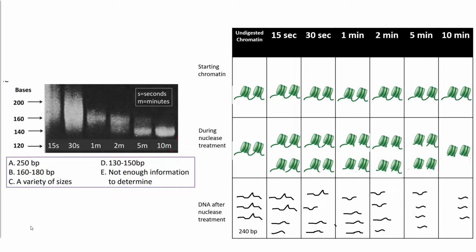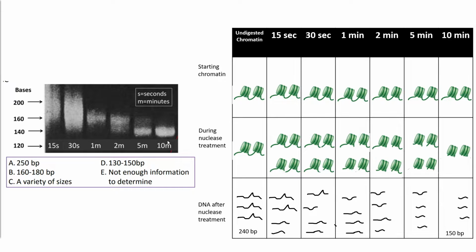Generally speaking, with additional time with the nuclease digest, we start with larger fragments at 240 base pairs, and as time goes on, we start to see less and less of the larger fragments and more presence of the smaller fragments, which, based on the gel over here, reside at about 140 to 150 base pairs.